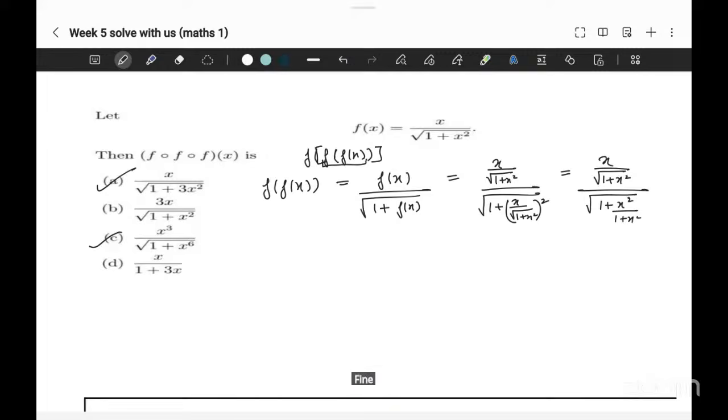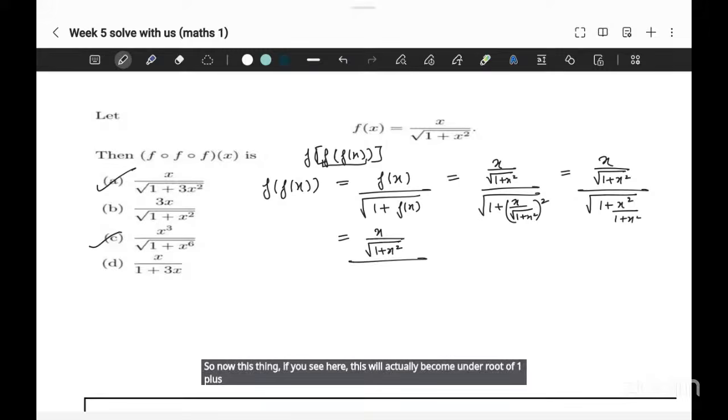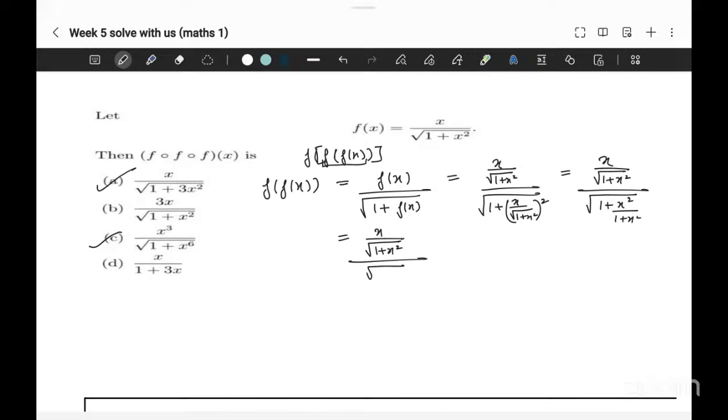Now if you see here, this will become x upon under root of 1 plus x square divided by under root of 1 plus 2x square divided by under root of 1 plus x square. Is this fine till here? Okay. So this will get cancelled. So I will be left with x upon under root of 1 plus 2x square.